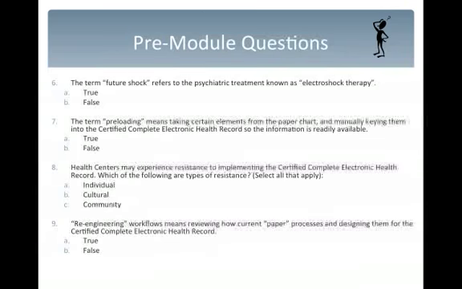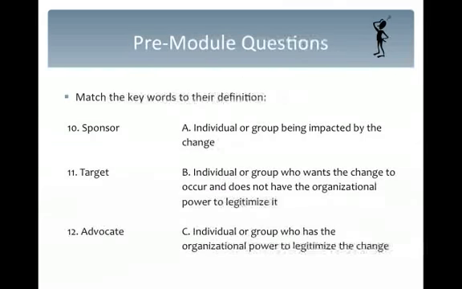Question 9. Reengineering workflows means reviewing the current paper processes and designing them for the Certified Complete Electronic Health Record. A. True or B. False. And question 10. Match the key words to their definition. 1. Sponsor, 2. Target, and 3.